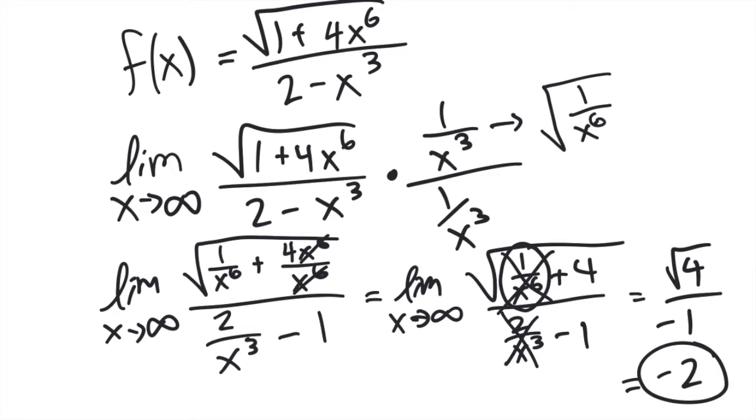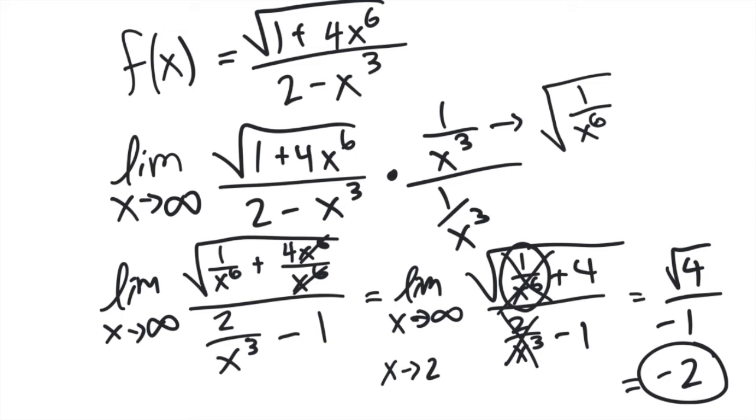Again, this is just talking about the end behavior, saying what your function is approaching, what the y values are approaching as x is getting larger and larger as x goes to infinity here. By the way, this is why you can't deal with this if it were to say something like x goes to 2. This is not a very helpful approach, because as x goes to 2, inside of the square root, you can't just say the 1 over x to the sixth goes away.